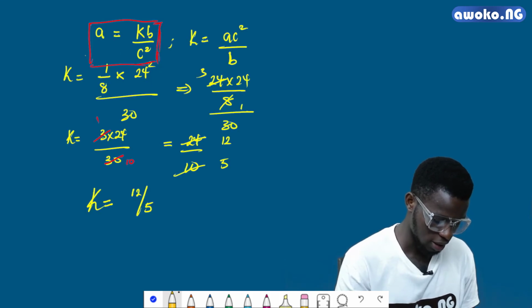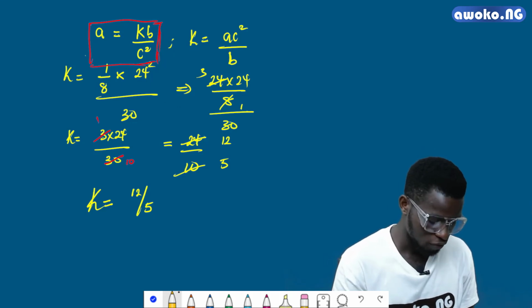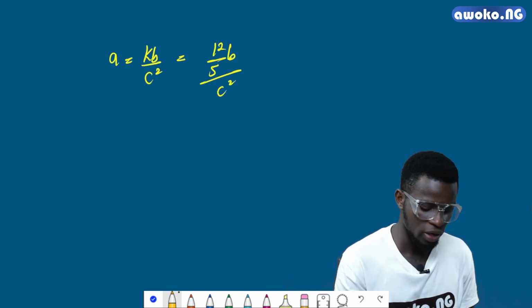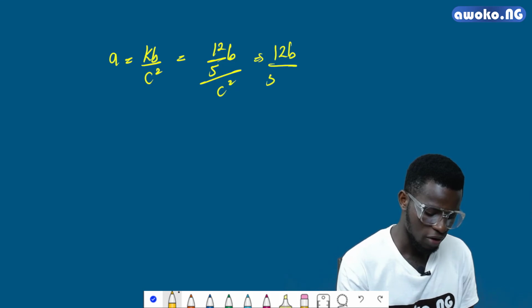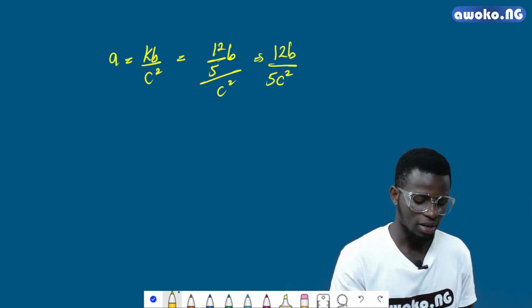Is that correct? Yes. But we are told that K is equal to 12 over 5. So we have this equal to 12 over 5B all over C squared. You can simplify this further to 12B over 5C squared. Right? That is the relationship between A, B, and C.